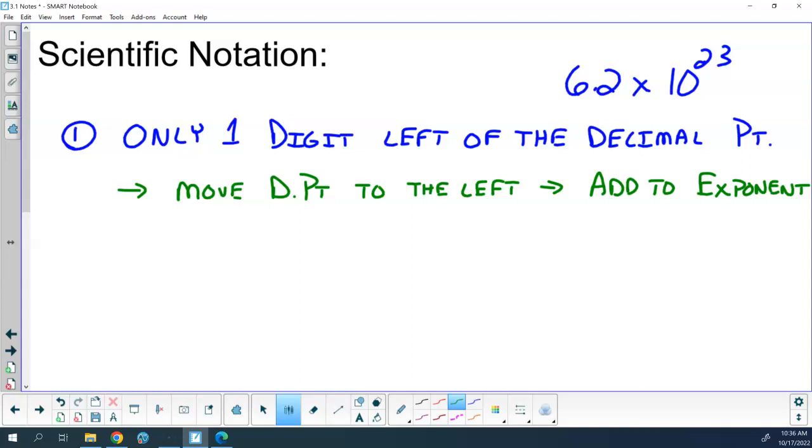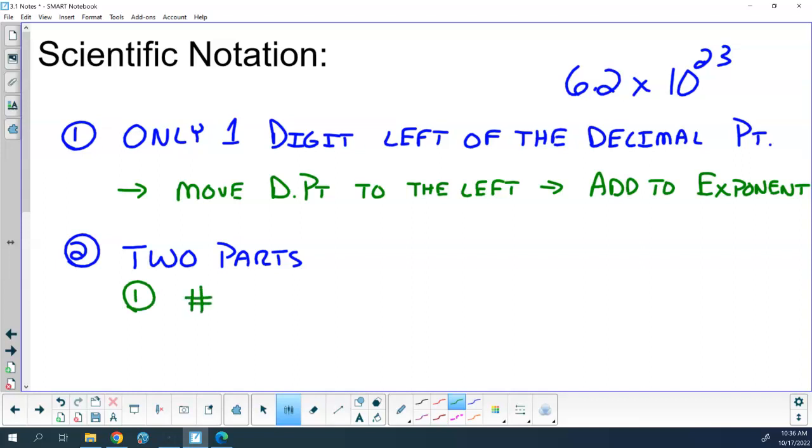What I mean by that is, well, let me get the other rule in first. So then there's going to be two parts to your scientific notation. The first part is the number part.